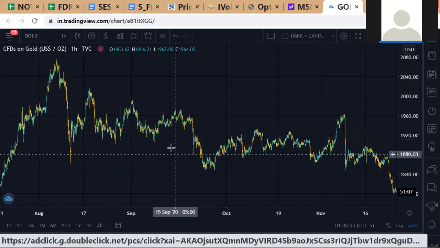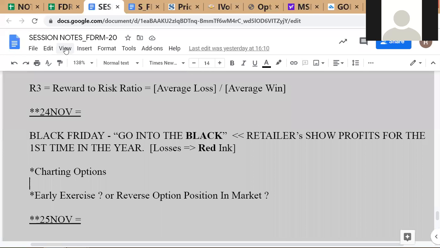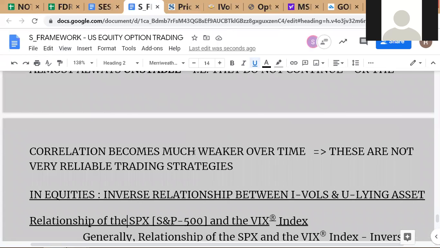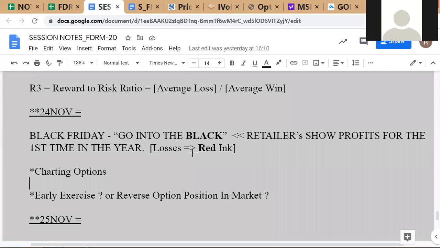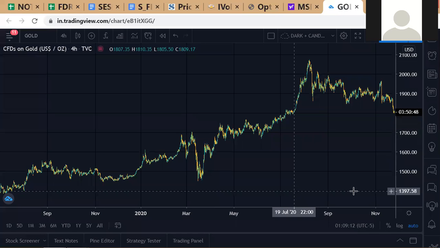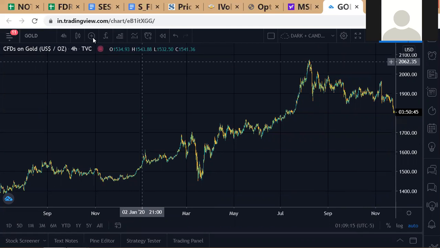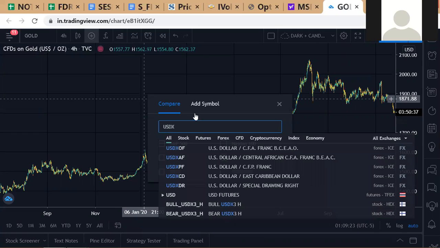When you come across these discussions, it's important to understand that you will come across this discussion not just in the case of equities, which we have just discussed with Microsoft, but you will come across this in many different kinds of asset class contexts. So here we have the price of gold, and some people might say that I'm going to compare it to the US dollar index.